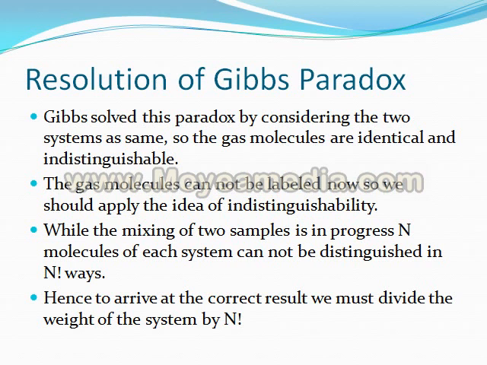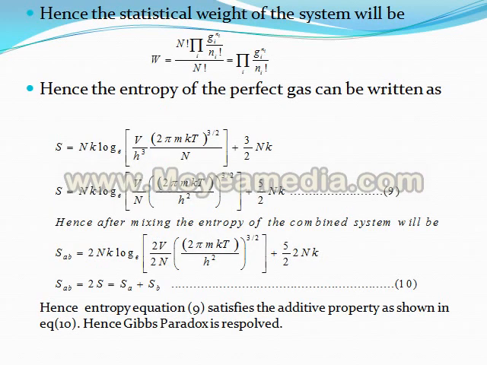Hence, to arrive at the correct result, we must divide the weight of the system by factorial N. Hence, the statistical weight of the system will be written as W is equal to factorial capital N, product of gi to the power ni upon factorial small ni, total divided by capital N factorial. This is equal to product of gi to the power ni upon factorial small ni.